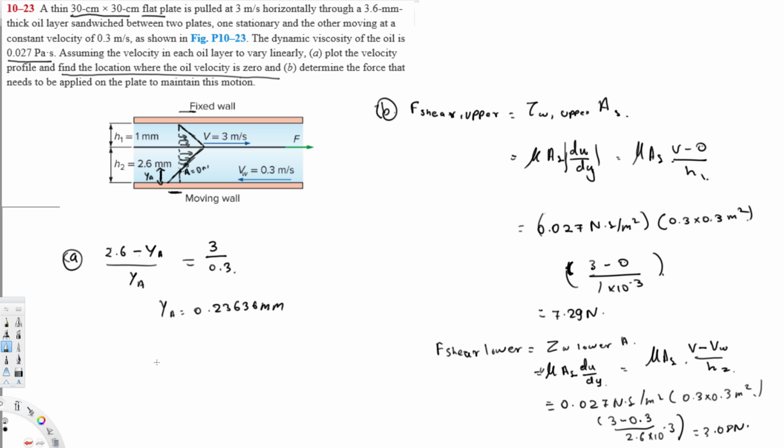So the total force required to maintain this motion is the addition of these two. F is equal to F shear upper plus F shear lower, that is 7.29 Newton plus 3.08 Newton, which is equal to 10.4 Newton. And that's how it's done.